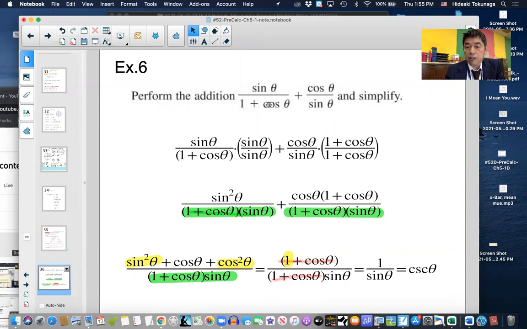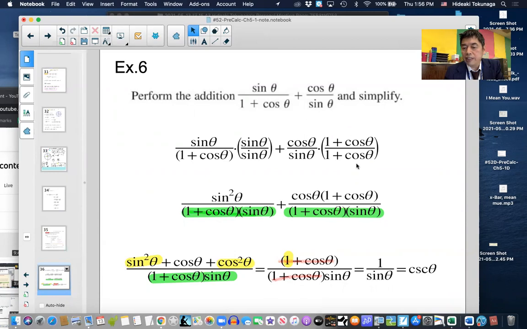So to get a common factor, you have to multiply by something equivalent to 1. So sine theta over sine theta is 1, right? And this time the common factor is 1 plus cosine theta, which is going to be the denominator. If you multiply this one, it will be equivalent to this.